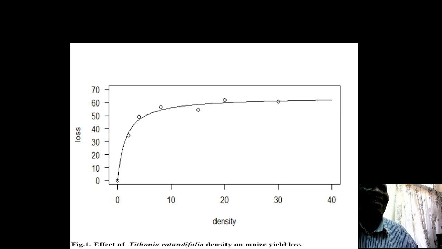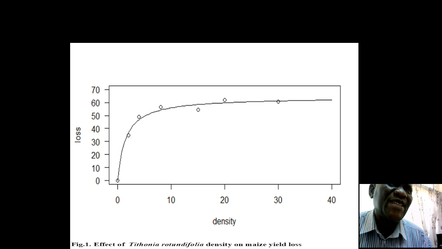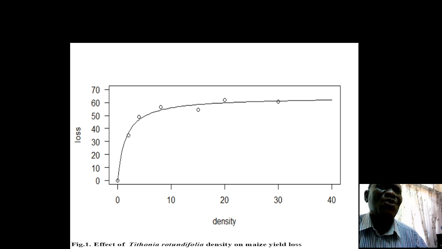Here is a graph. This one was drawn by a student who was studying the effects of Tithonia rotundifolia density on maize yield loss.